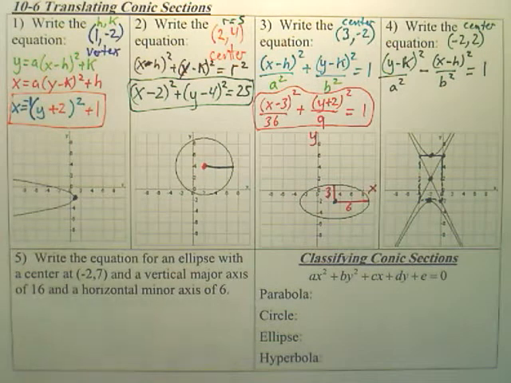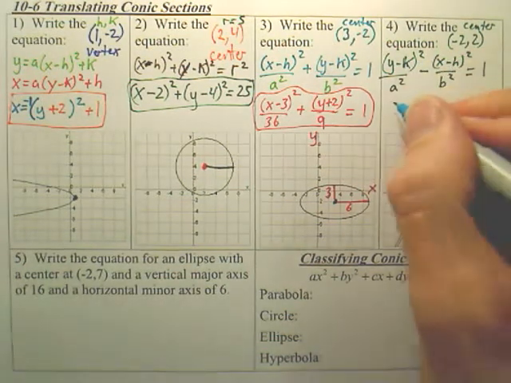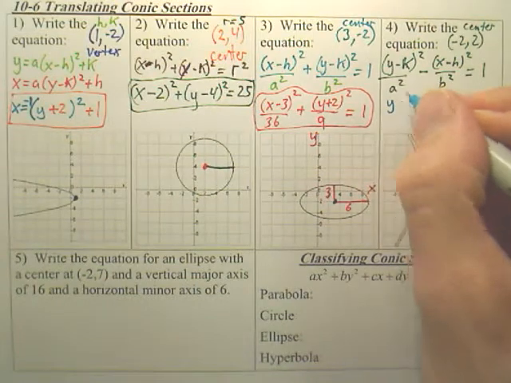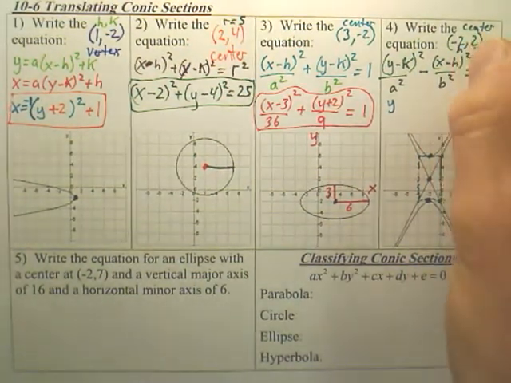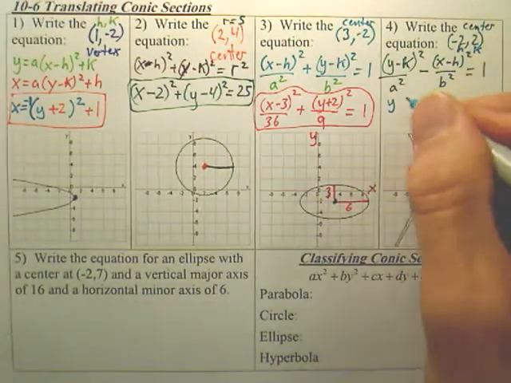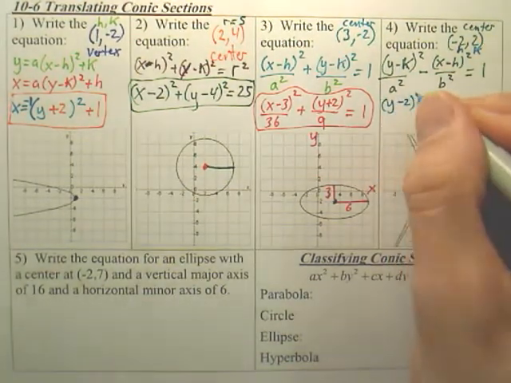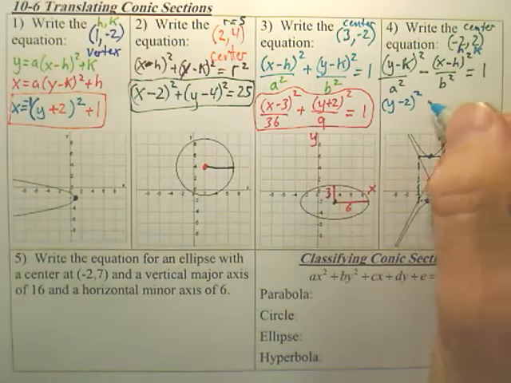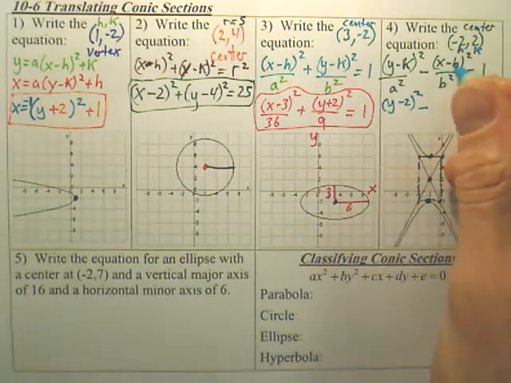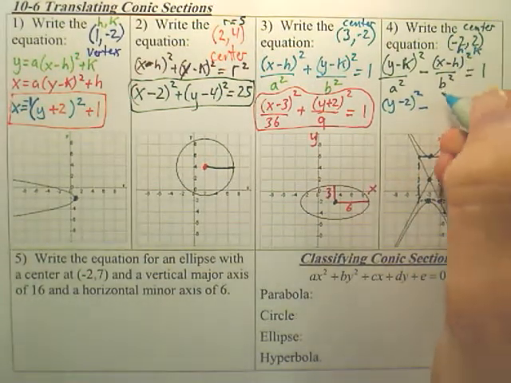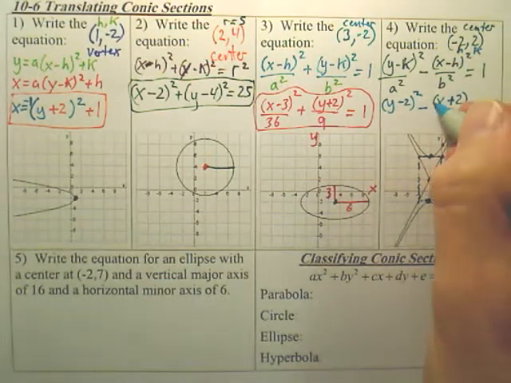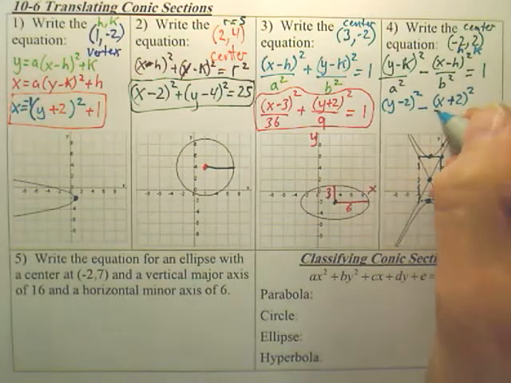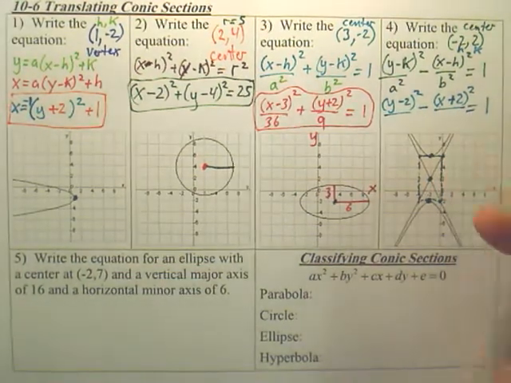Let's do h and k first. K: the opposite of 2 is -2. And that's minus (x - h), the opposite of h would be positive, so this is x + 2. And it's always equal to 1.